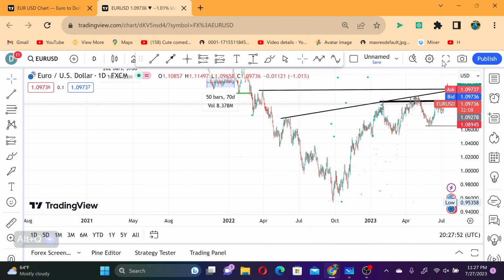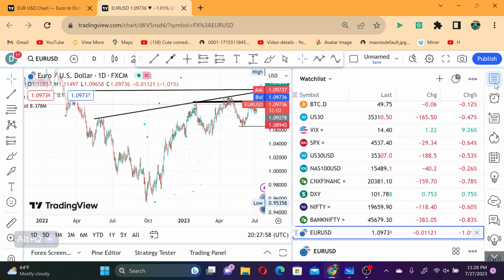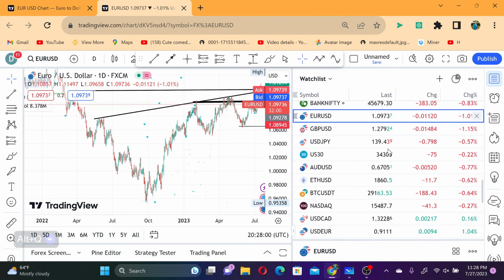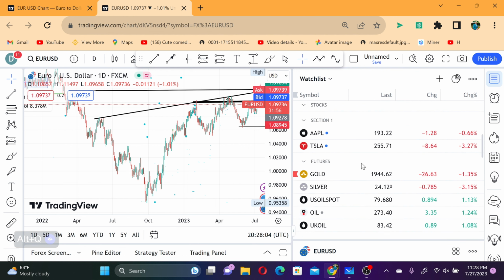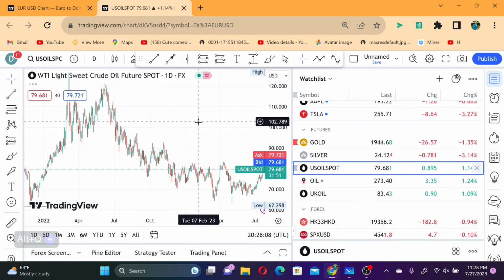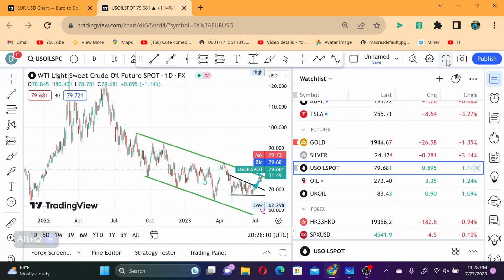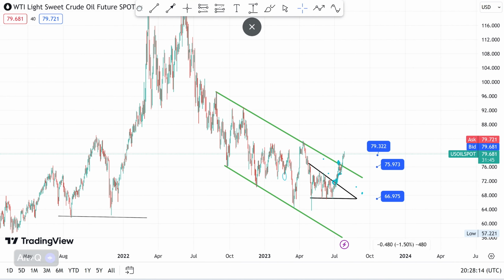I want to clear this. I want to go to the market, let me go to US oil. US oil, it is here. I want to show you something. Now you can see this is our time frame.